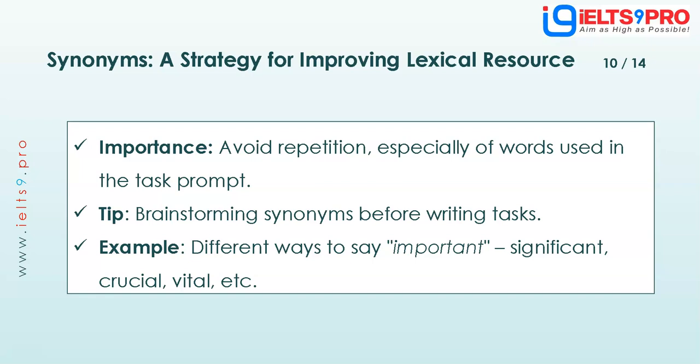They won't include it in the word count. So you need to avoid repetition. Brainstorm your synonyms, and there's different ways. Like say, instead of important, significant, considerable, crucial, vital, there's so many different ways.